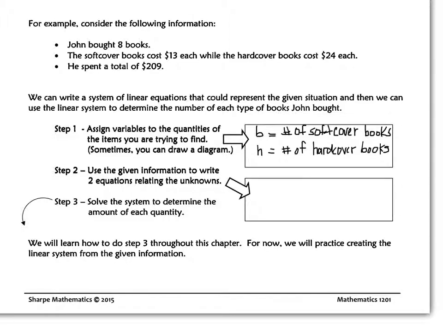A lot of times you use letters that would kind of help you remember what the variables stand for. But I didn't want to use S for softcover because some people think your S is a 5 when you're copying someone else's work, when people are copying it down from the board.